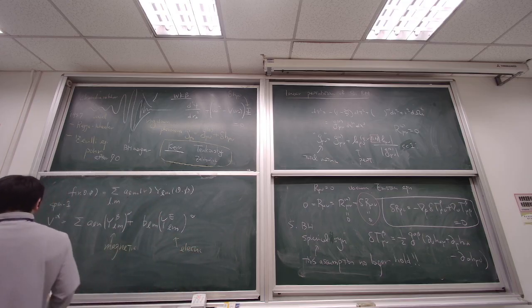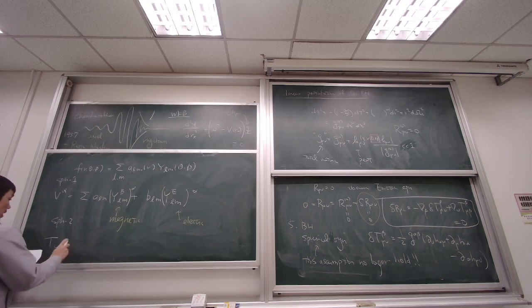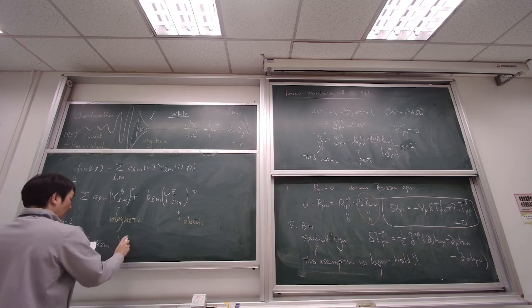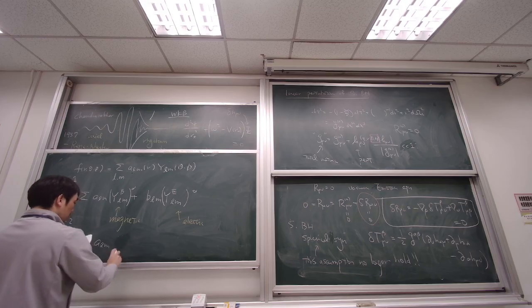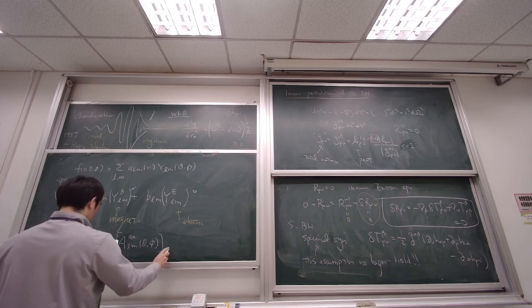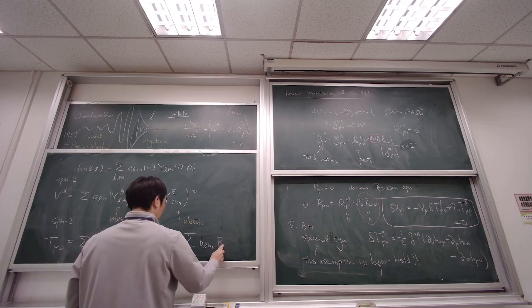And similarly, if you have spin 2, like T_mu nu of a stress-energy tensor, this can be written as follows: a sum of A_LM times X_LM(theta, phi)_mu nu, plus B_LM times the polar one.